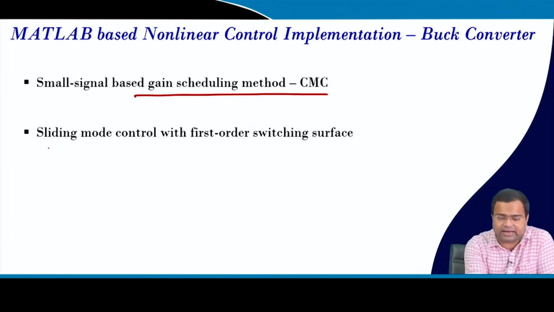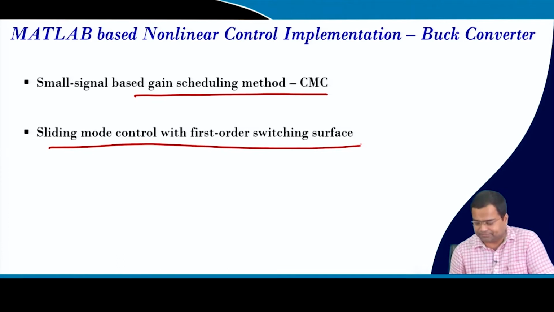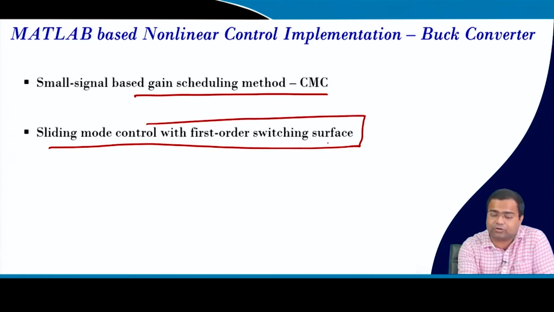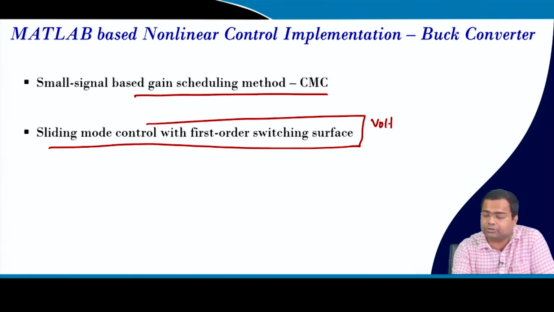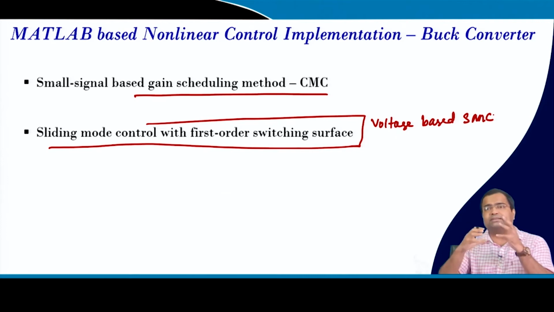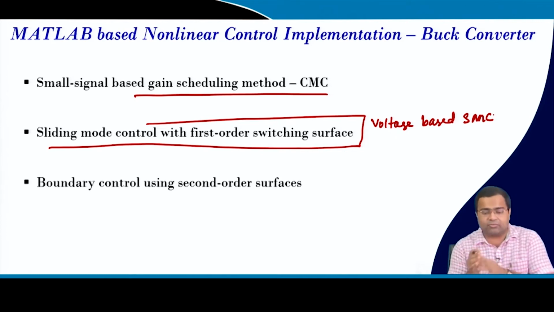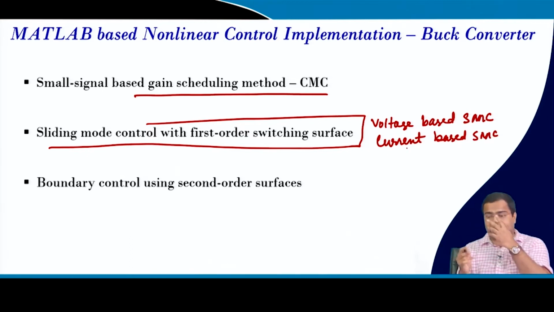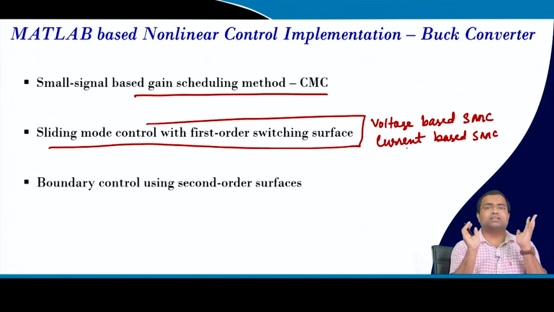Then we are going to consider sliding mode control with first order switching surface, and here we will consider voltage based sliding mode control, where we will have output voltage and the derivative of the output voltage, and we will also consider current based sliding mode control. Here we are going to consider inductor current and output voltage. In both cases, output voltage is common because we need to regulate the output voltage.